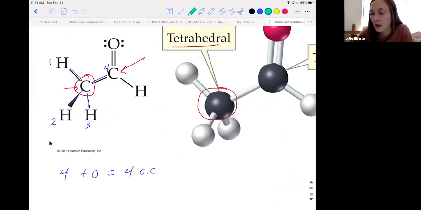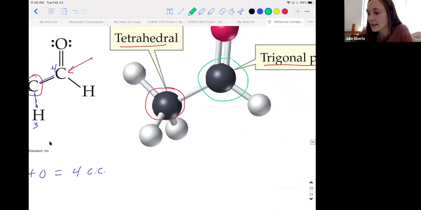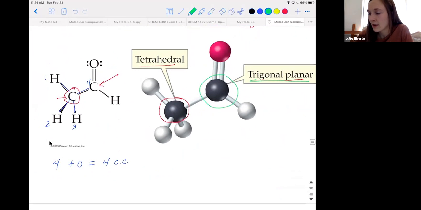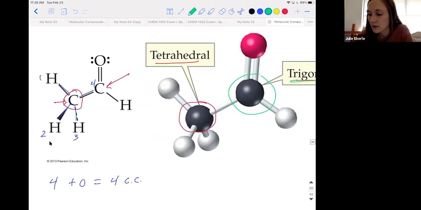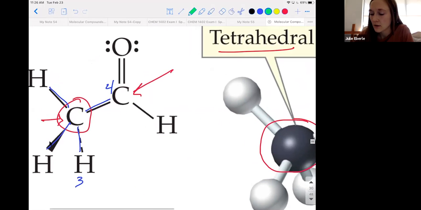Now, if we're talking about the carbon on the right, they named that one trigonal planar. How did they get trigonal planar? All we do is we count the bonded atoms and the lone pairs. So we got an oxygen, that's 1 bonded atom, a hydrogen, that's 2. And we recount this carbon over here. From the viewpoint of this carbon on the right, the carbon on the left is the 3rd bonded atom.